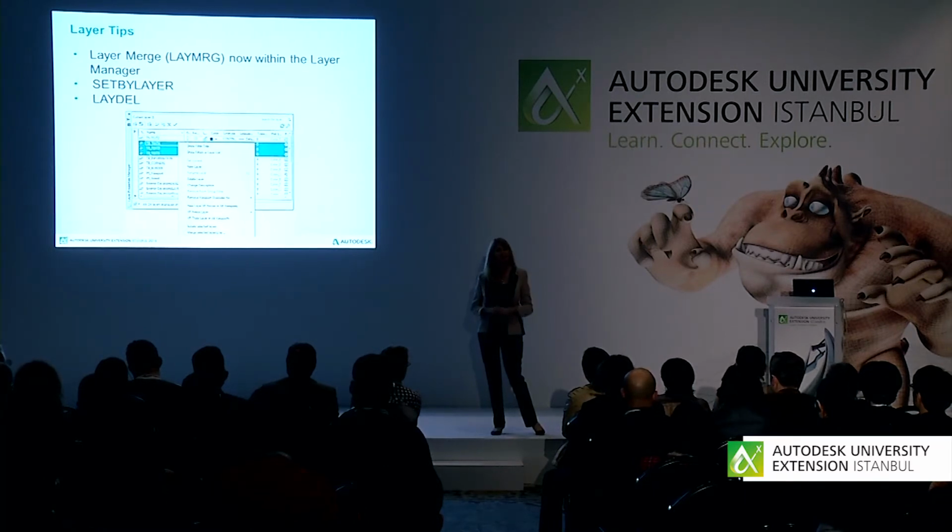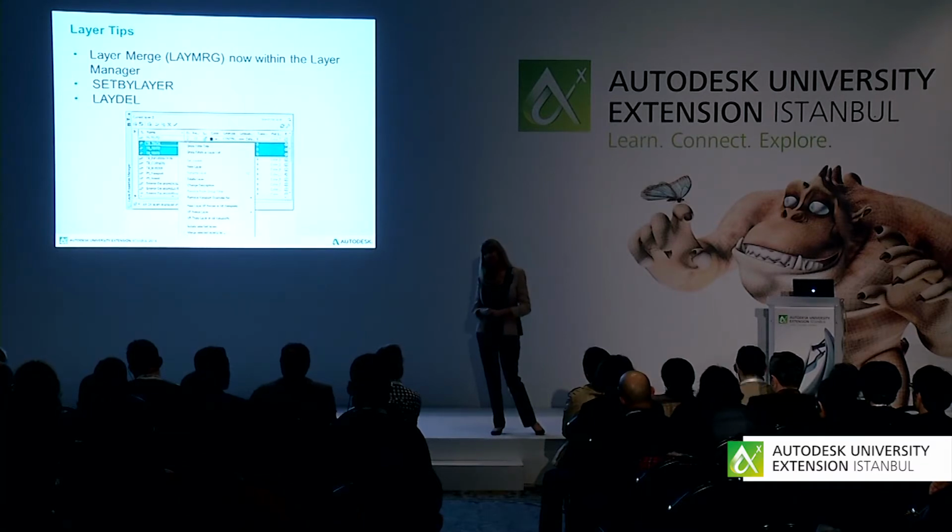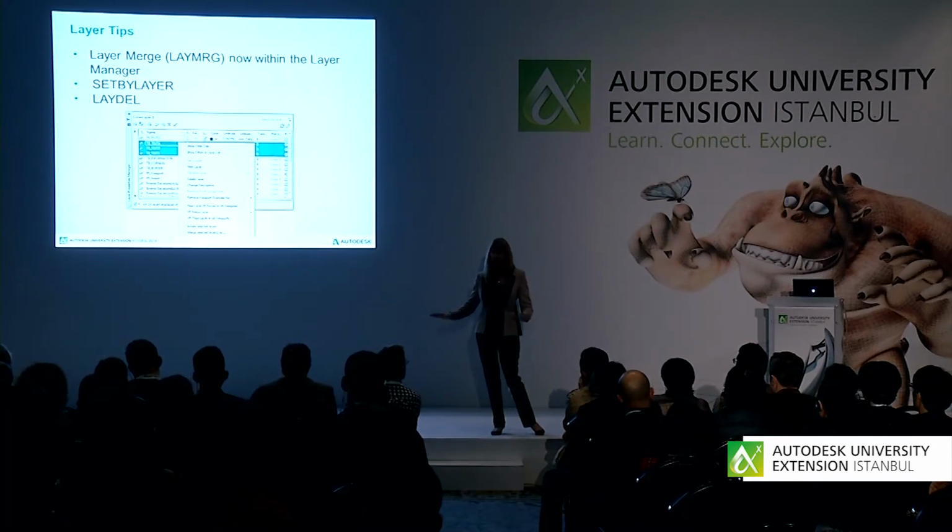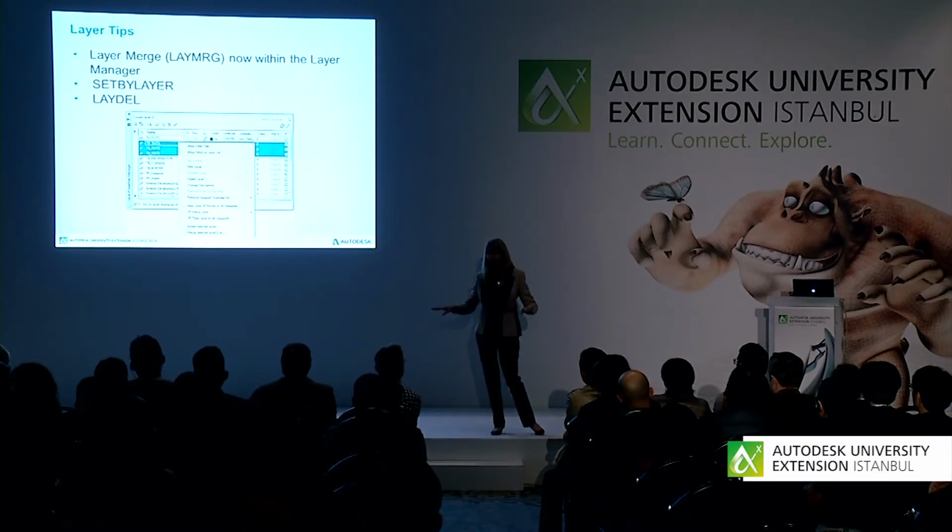So there's a command called laydel for layer delete. It used to be an Express tool, and now it's a real-life AutoCAD command. And laydel will get rid of any layers except for the 0 layer and the defpoints layer. But other than that, it doesn't care.